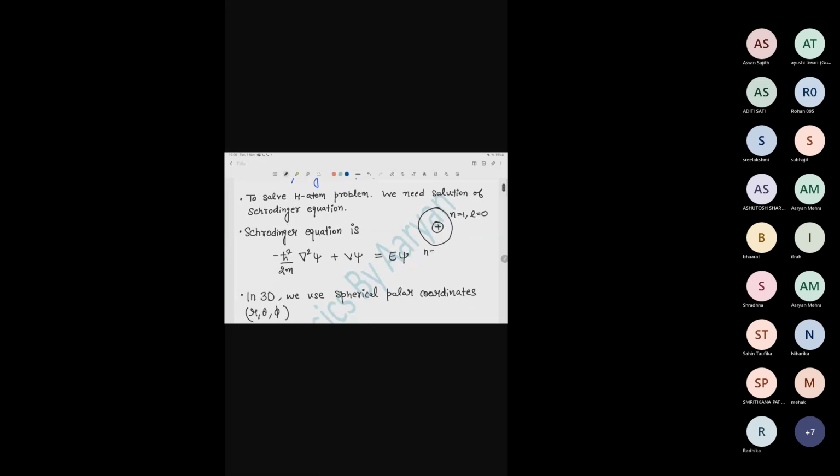If I have n equals 2, then you can have either the L equals 0 state, or n equals 2, L equals 1 state, or n equals 2, L equals 2 state. Do you all agree with me that these are the possible states of the hydrogen atom in quantum mechanics? We want to know from the derivation what these quantum numbers are.